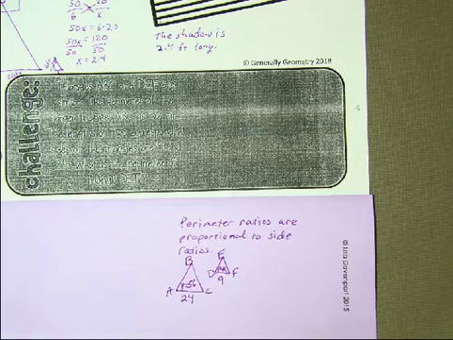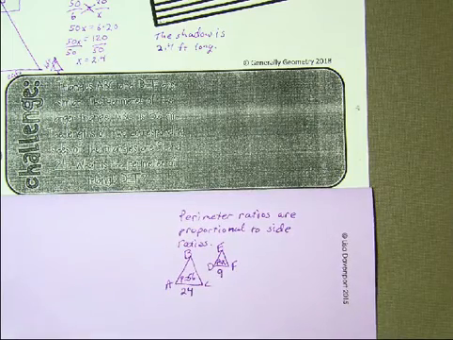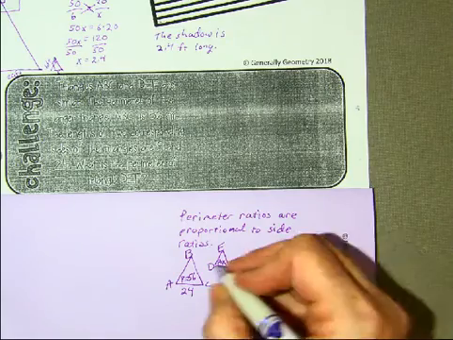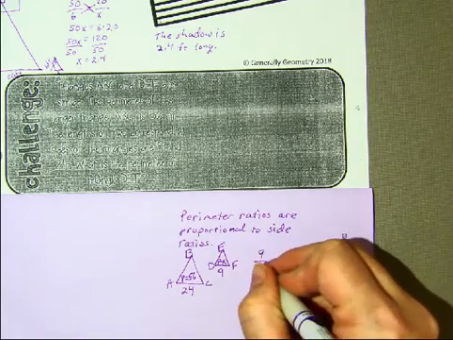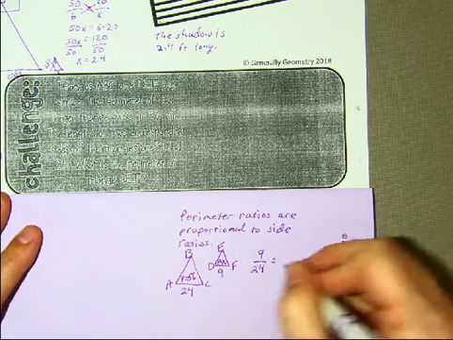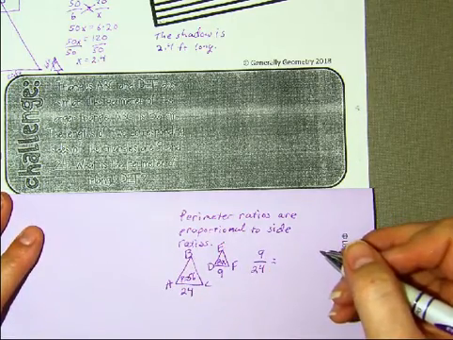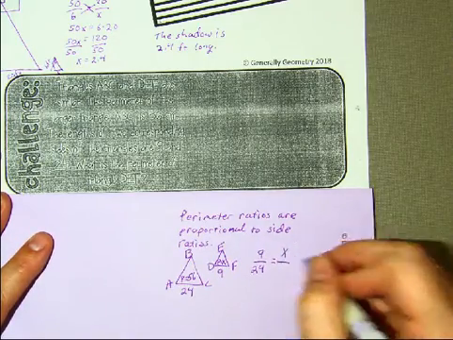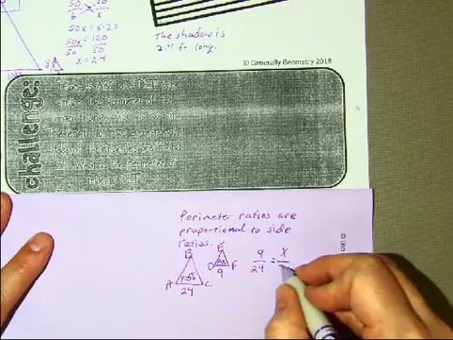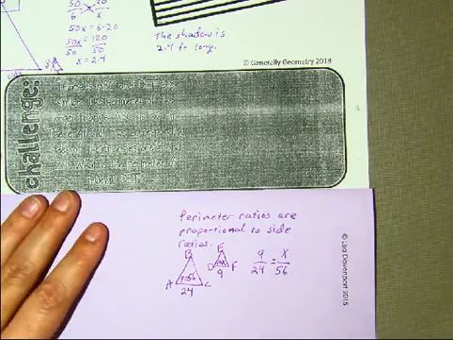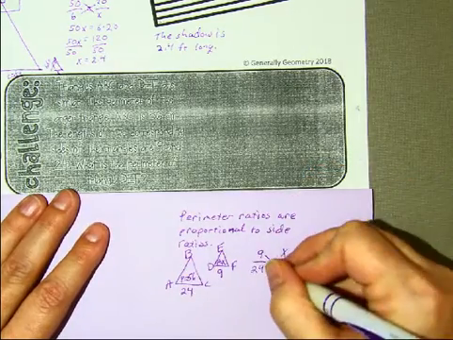All right, so then from here, we're going to set up our proportion. So I need to have my corresponding parts. So we said first, we had that 9 and 24 were corresponding sides. Then the next one is going to be our corresponding perimeters. So with the 9 is the X, with the 24 is the 56. So now that we have our proportion, we're going to cross multiply and solve.